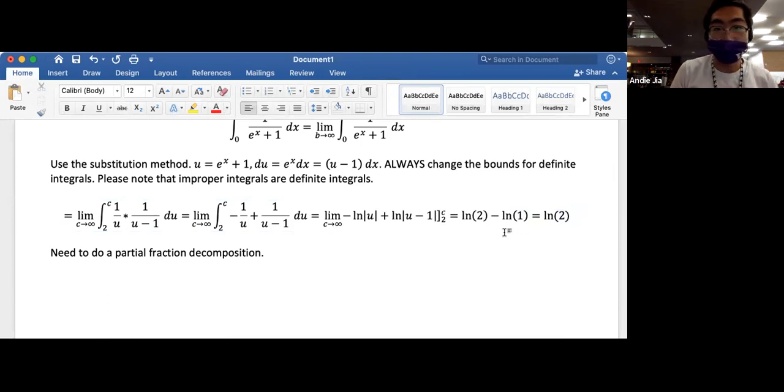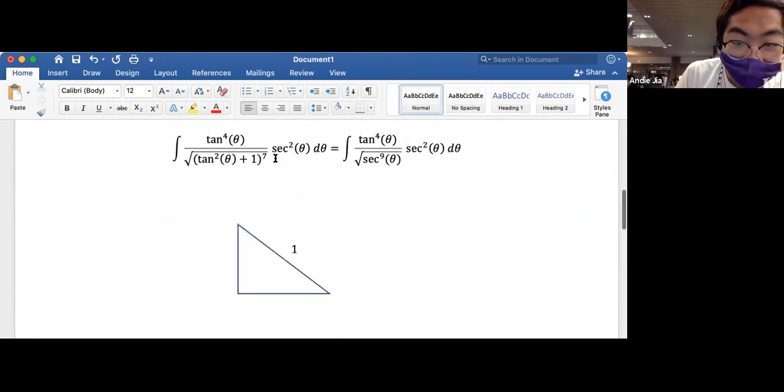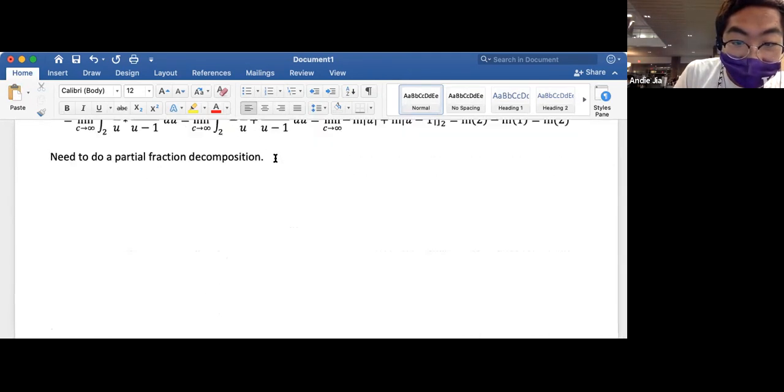So does this make sense to you? Okay. Do you want to do another improper integral, or something easier? Because it's toward the end of the session, the last 10 minutes.